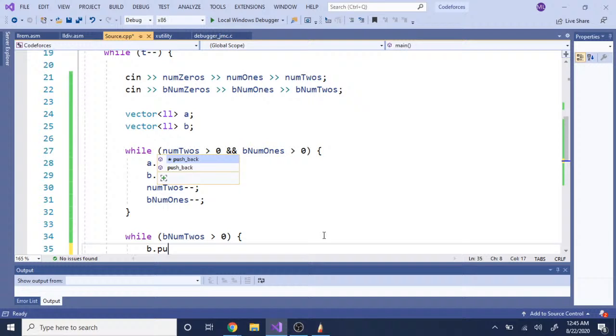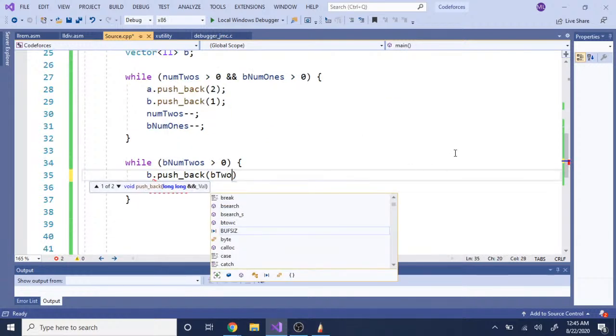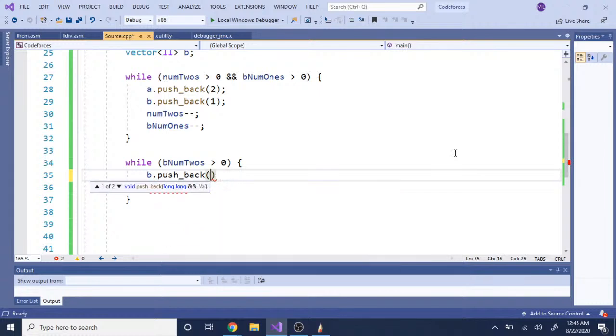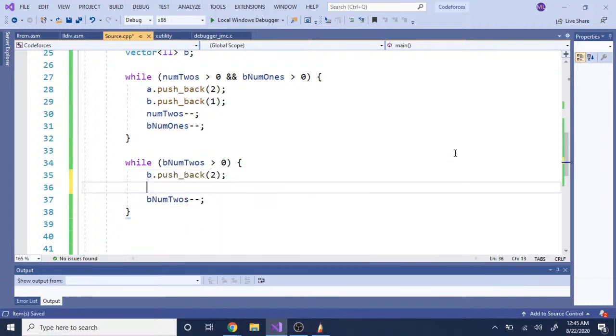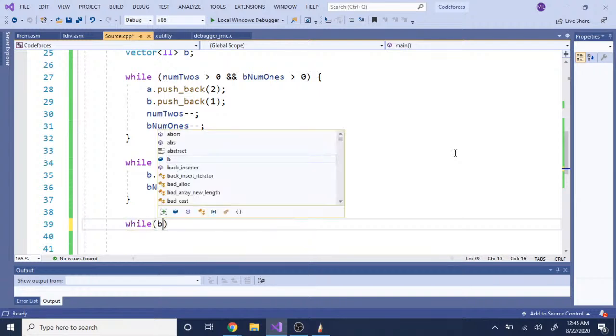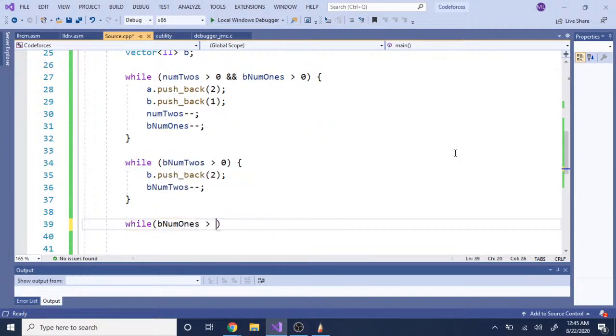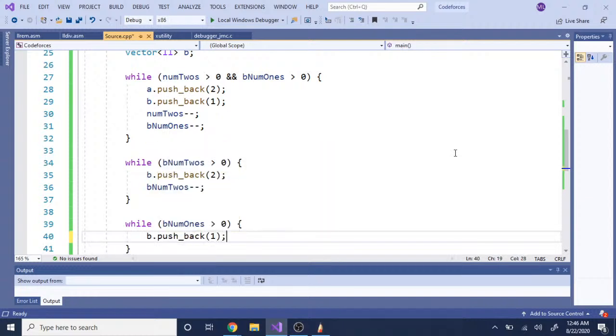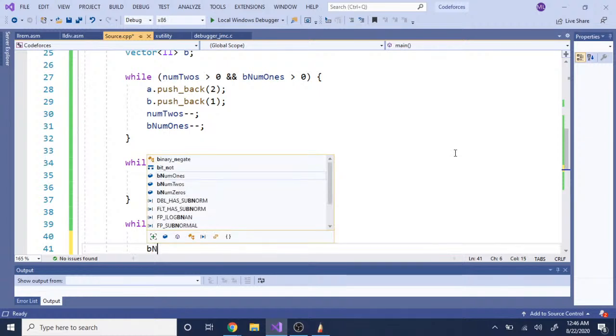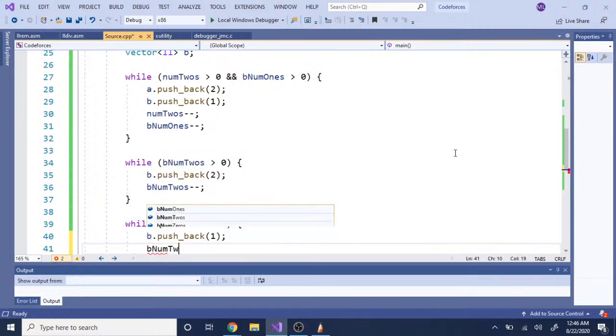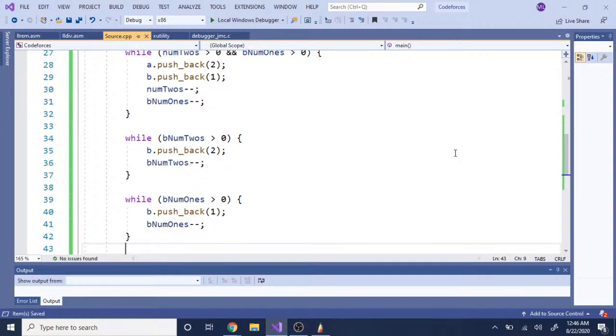So for B, we'll push back 2's, and then we'll push back 1's. Okay, so now we're done with that.